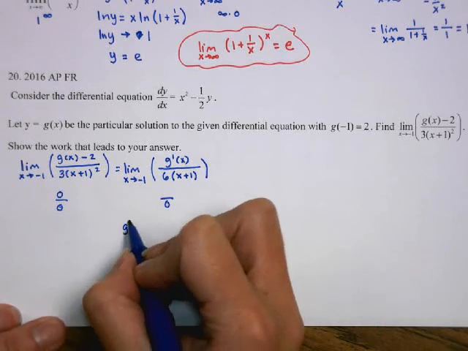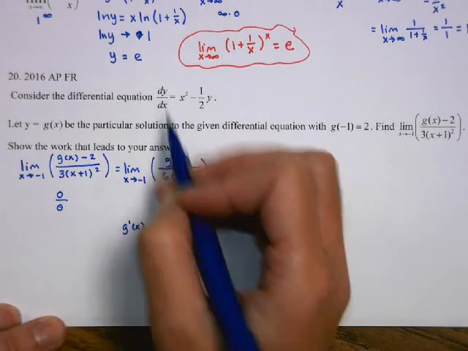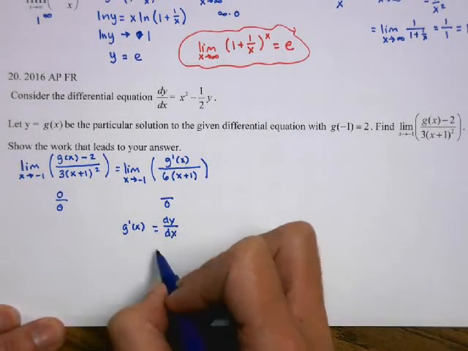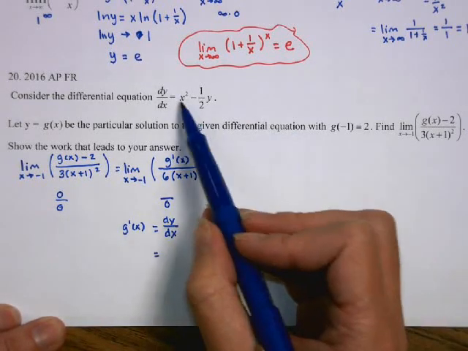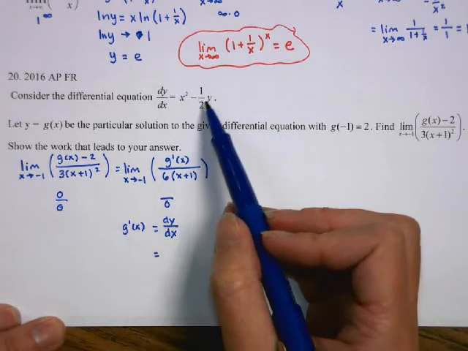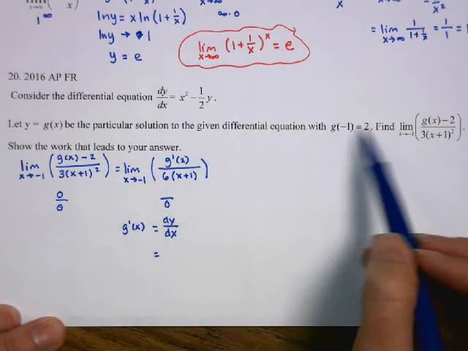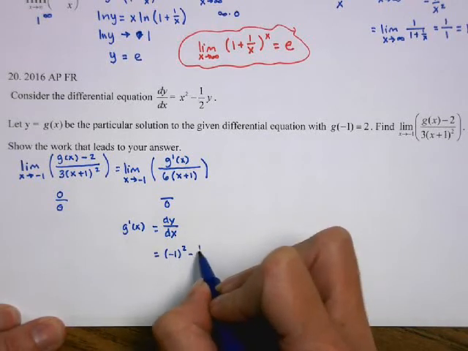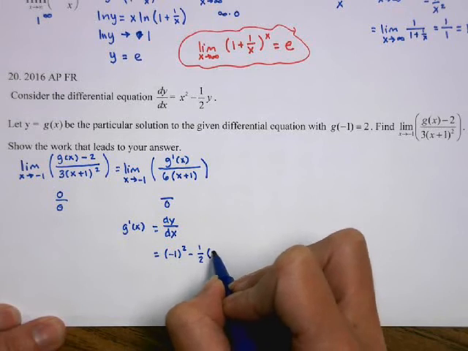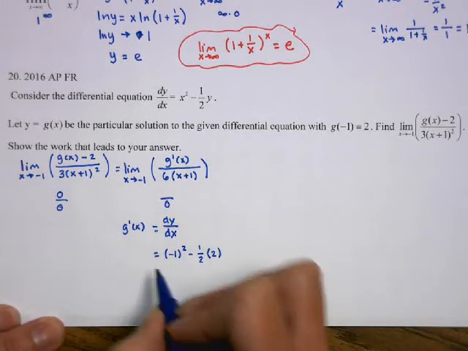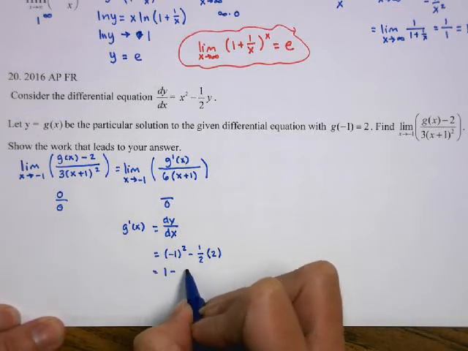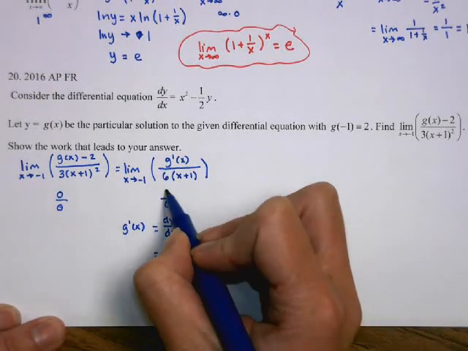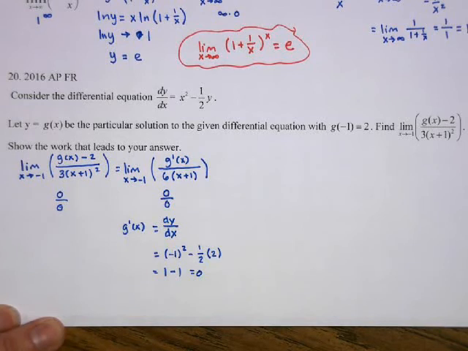Well, g prime of x is just a different way of saying dy dx. So what we need to investigate is dy dx, this x squared minus 1/2 y, at -1. I'm going to plug in -1 for x and 2 for y. So this is going to be 1 minus 1, which is 0. So this is 0 over 0.